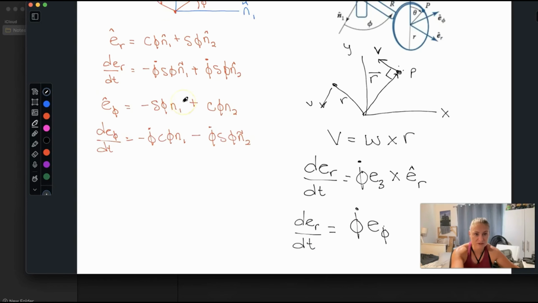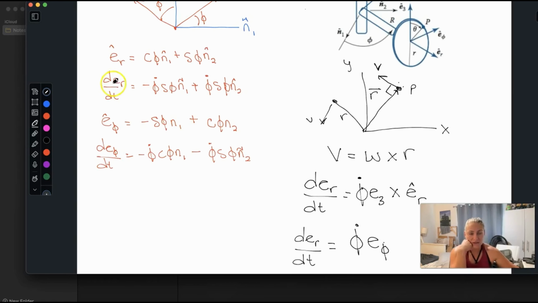And if you come over here on this side, the derivative of ER with respect to t is going to be negative theta dot, and then if I factor out a theta dot, I'm left with a sine phi n1 plus a sine phi n, that should be cosine.